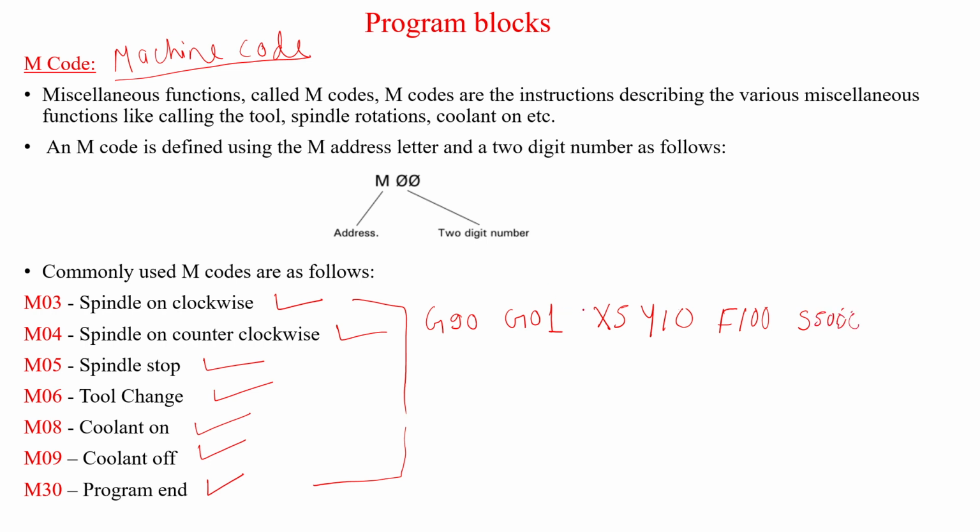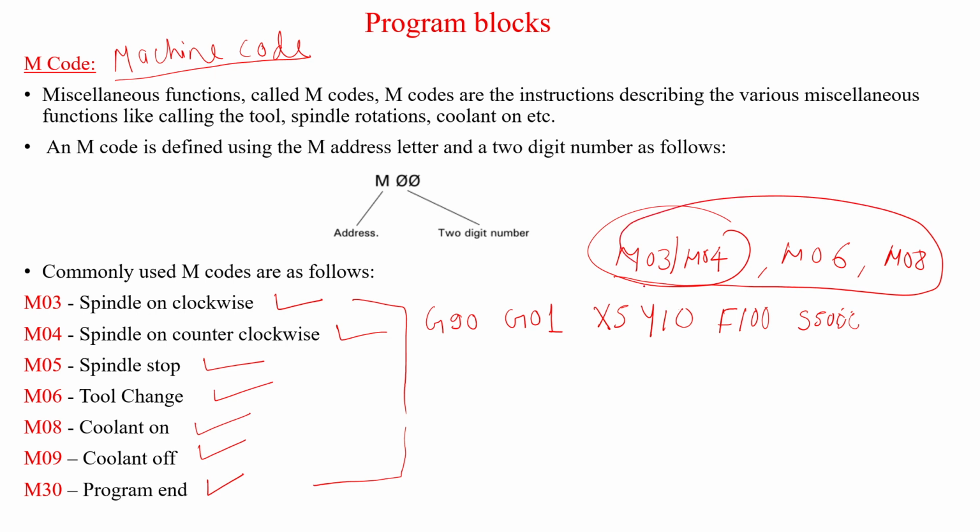But before this you need to give the spindle direction, so you need to give M03 or M04 to make the spindle rotate clockwise or anti-clockwise. Or for example, before that you want to change the tool, then you have to write M06. If you want to switch on the coolant before machining, you have to write M08. So these machine parameters you have to give before writing the G code. Okay?